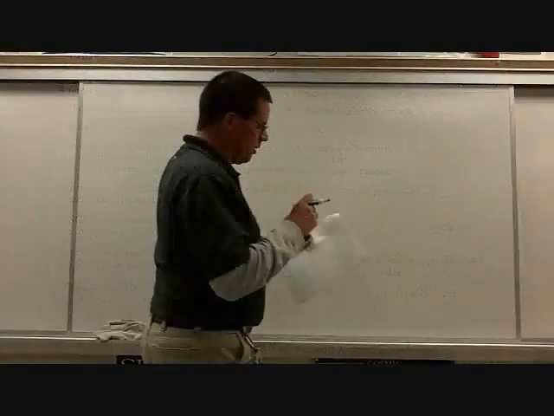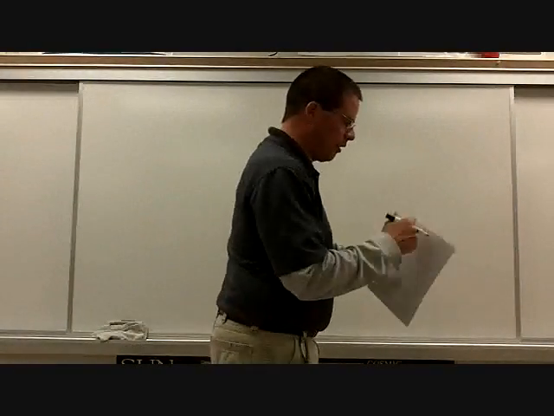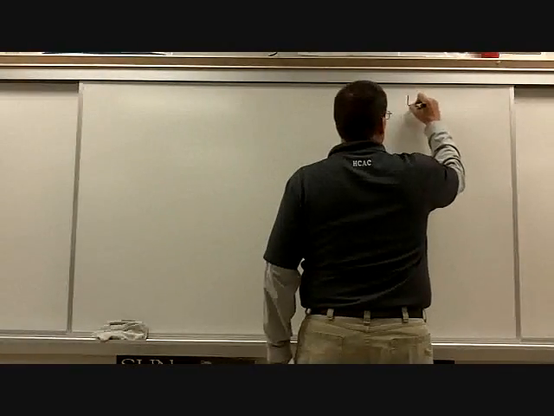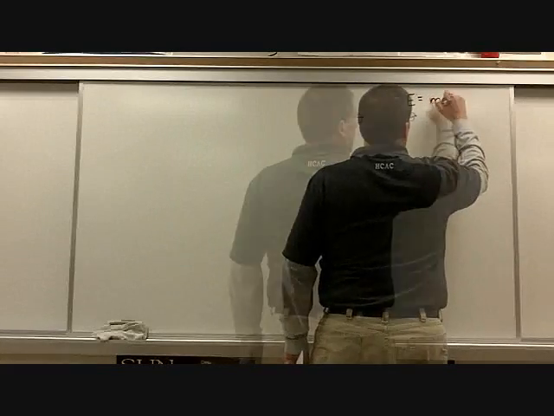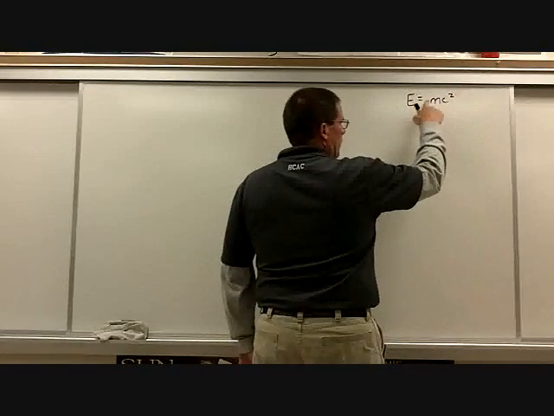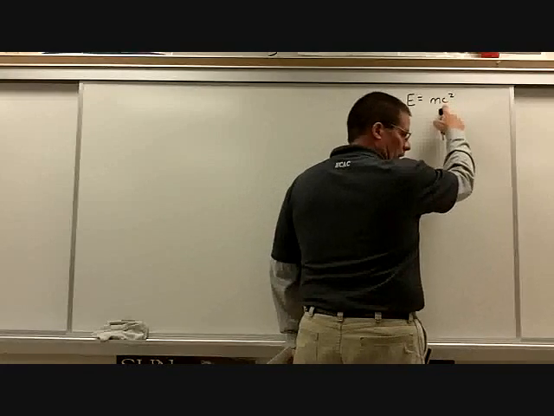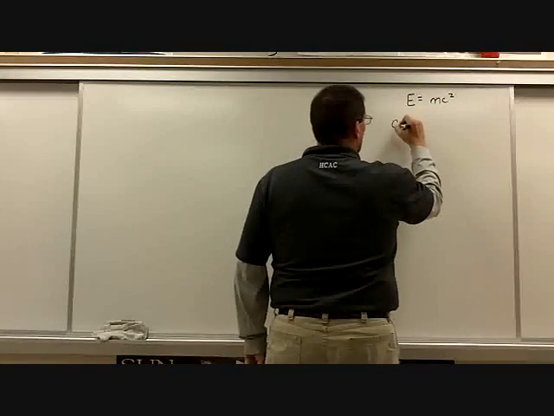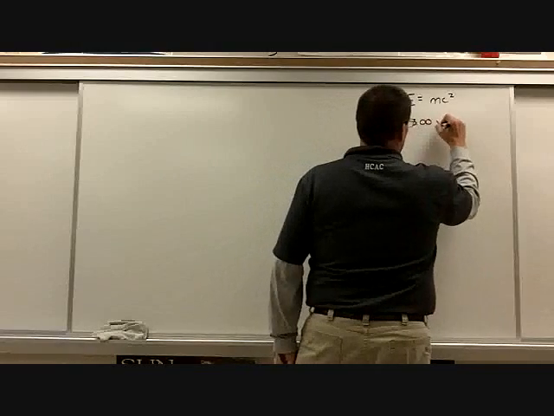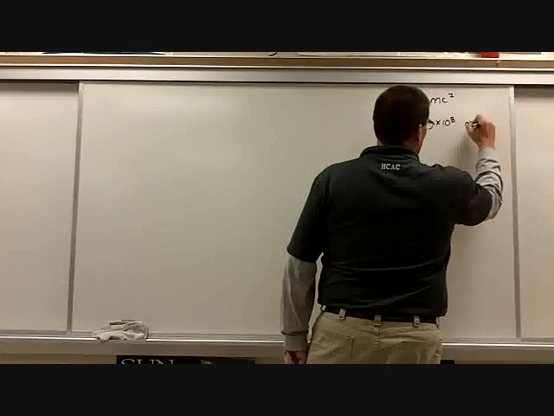All right, the equation that we're going to be using for this one, and this is the first time you've used this: E is energy, M is mass, C is the speed of light. The speed of light is a constant, 3.0 times 10 to the 8 meters per second.